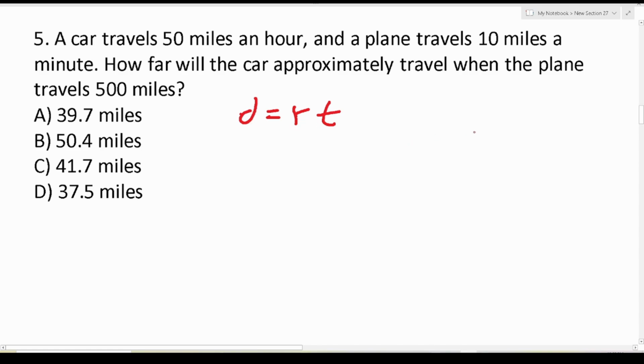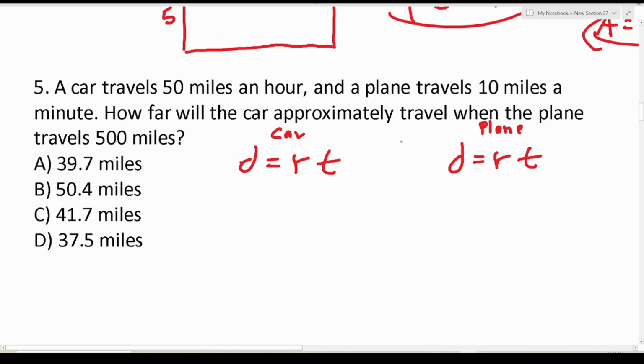In this case, we have 2 instances of this relationship going on. So I'm going to write distance, rate, and time twice here. This one's going to be for the plane, and this one's going to be for the car. And according to this problem, we're going to use information that we're given about this plane to figure out how far this car travels. Okay?